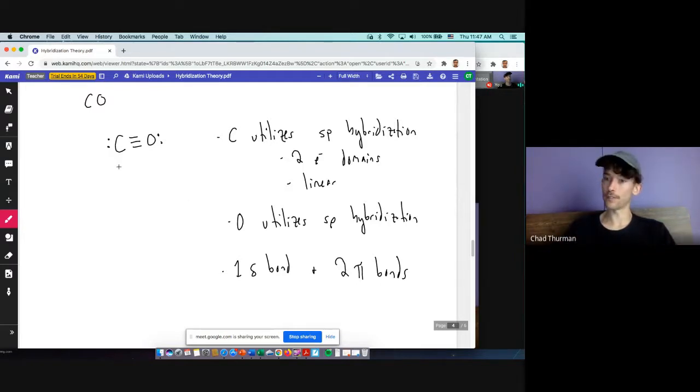Carbon has 2 leftover unhybridized p orbitals, so it's able to form 2 pi bonds, and so is oxygen. So they're able to form 2 pi bonds with each other. I'm not saying they form 4 pi bonds. I'm saying they're able to form 2 pi bonds with each other, okay? Whenever I draw this out and show you visually what's going on a little bit later, I think it may make more sense.